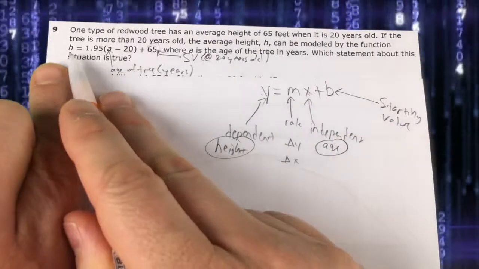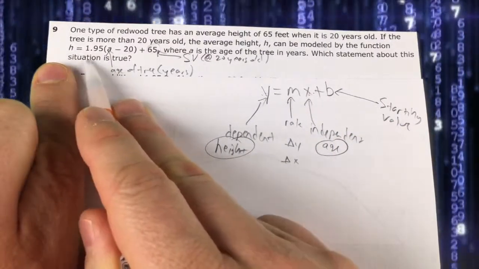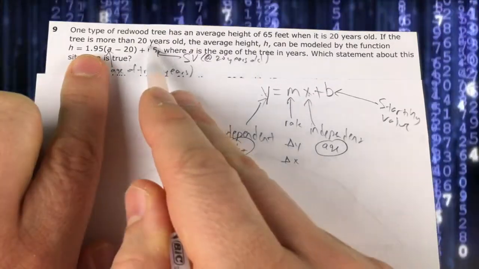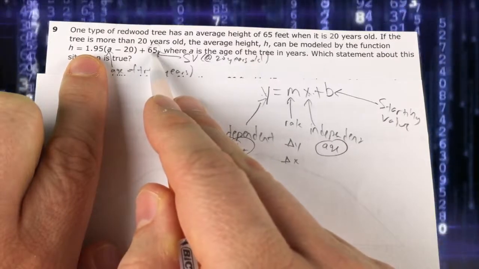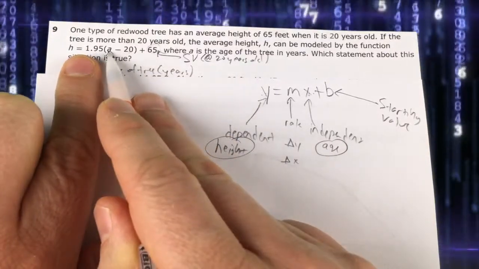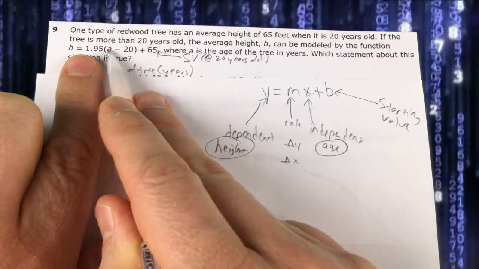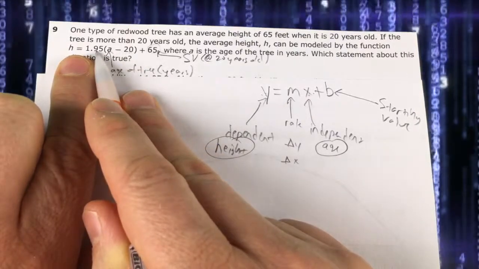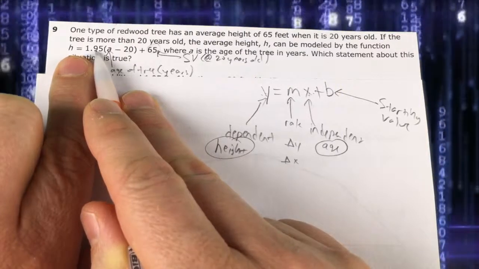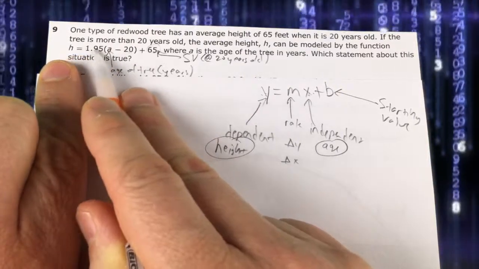So the height depends on, first of all, the first 20 years, where the height is going to be 65. Then for the years after that, you take away the 20 and multiply those other years by 1.95. There's your ratio, your height per year ratio right there.